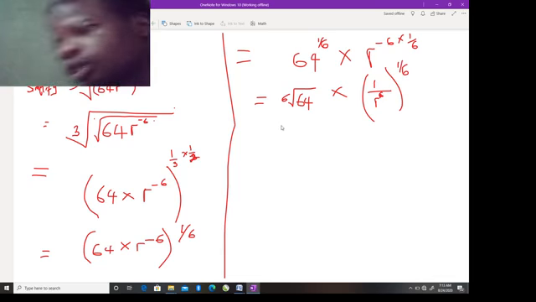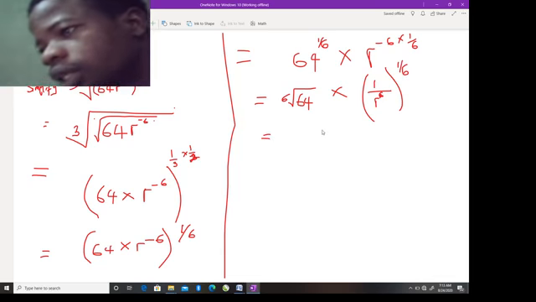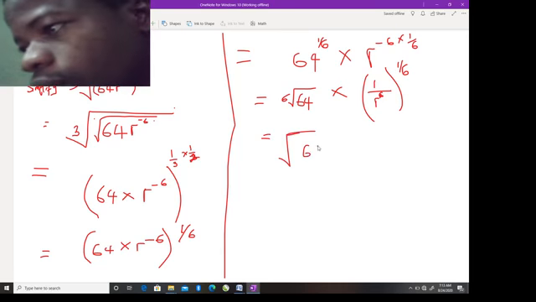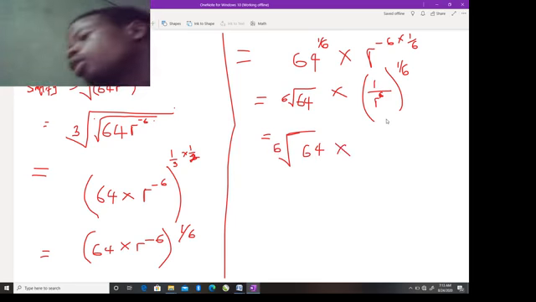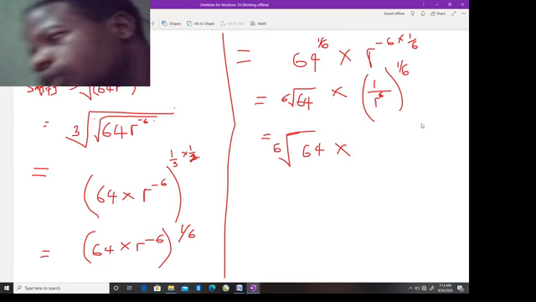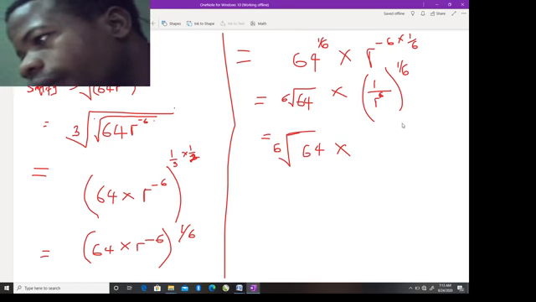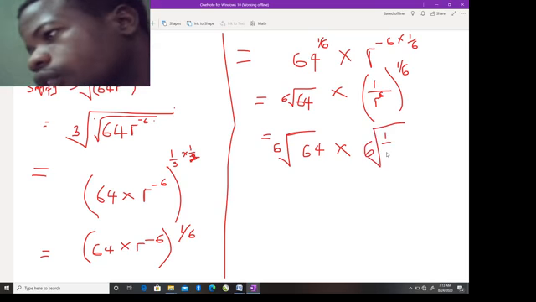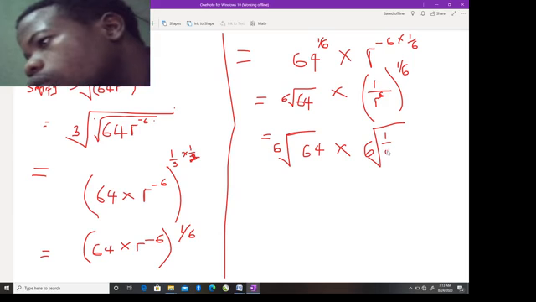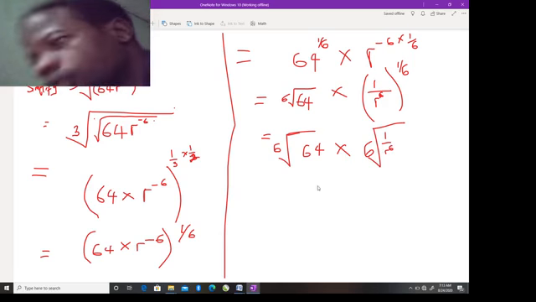So I have 64 to the 6th root, then times the 6th root also of 1 over r raised to the power of 6.